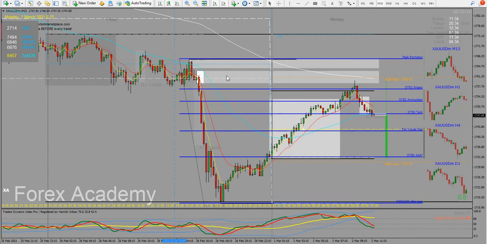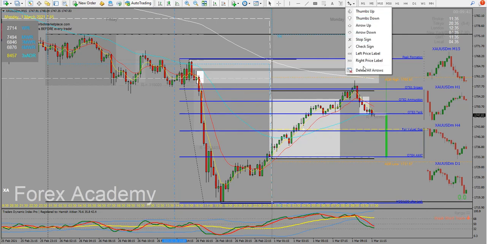Now if you did this, you could have had the sniper entry, and that sniper entry with OTE, and use the wick of that candle as your stop loss. Now I did give the market values where you could have taken that trade.